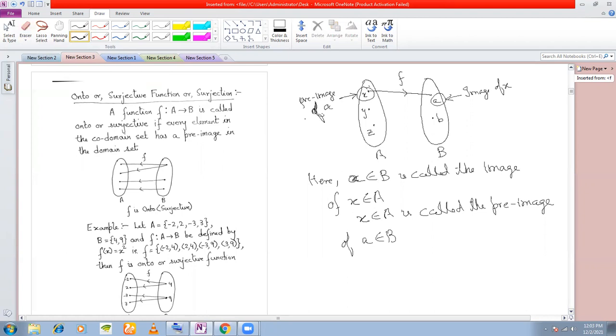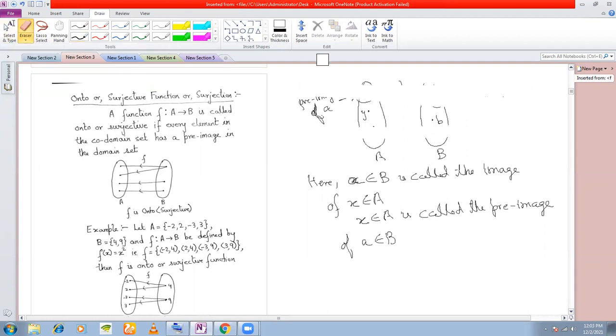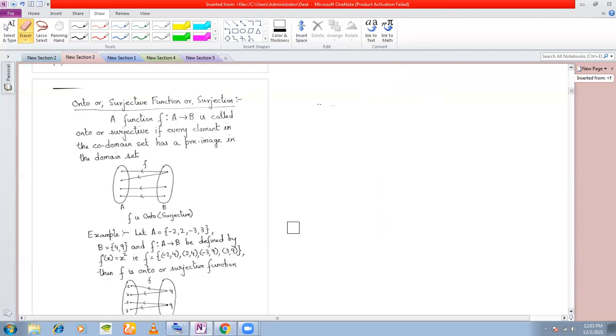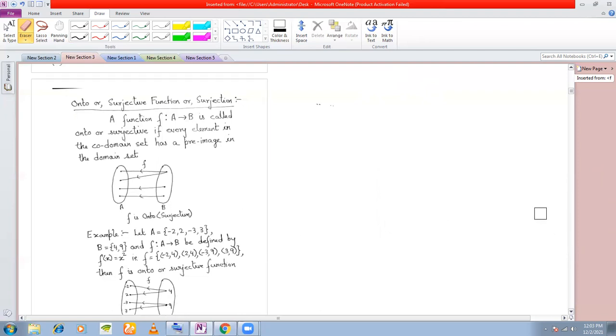Okay, so once we know the concept of image and pre-image, now we'll define what a surjective function is. A function f from A to B is called onto or surjective if every element in the set B has a pre-image in A. May not be distinct, remember. But every element must have a pre-image.